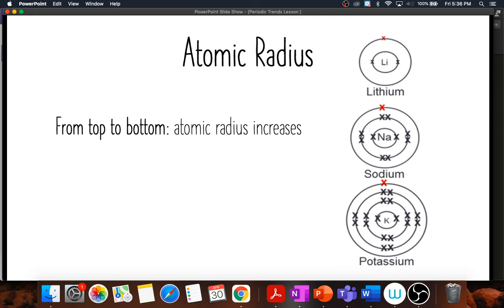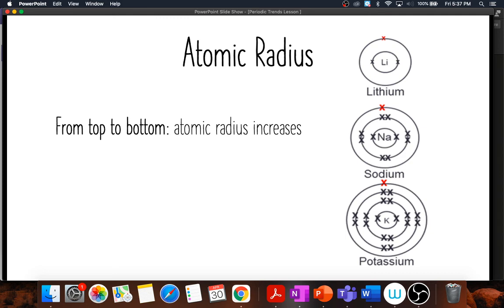As you're going down a group, the number of energy levels increases, right? We saw in that previous video when we were talking about periods that each row, each period, has the same number of shells. But if you're going down a group, each different period has one extra shell. So what ends up happening is there is a greater distance between the nucleus and the outermost shell, right?